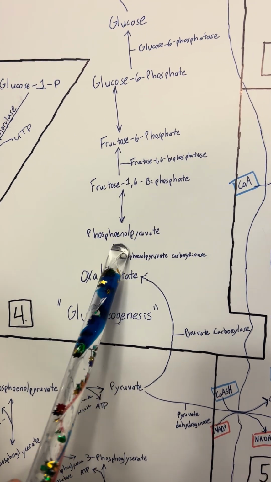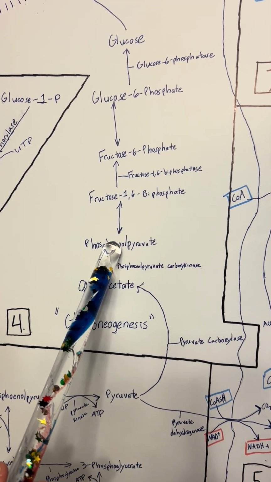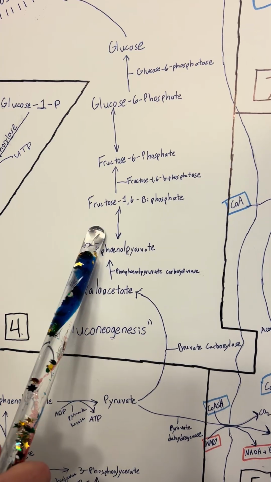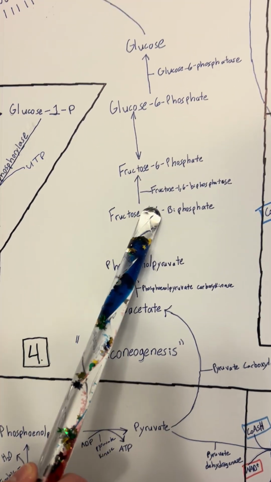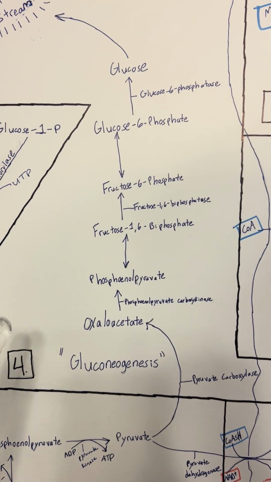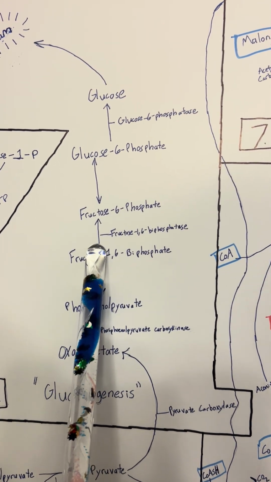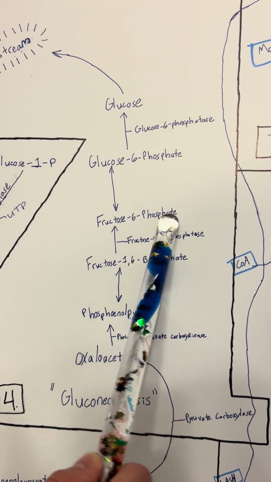And then phosphoenolpyruvate can either transform into fructose 1,6-bisphosphate, or it can come back. It's a reversible reaction right here. This fructose 1,6-bisphosphate, with the help of fructose 1,6-bisphosphatase, reacts and goes into fructose 6-phosphate.